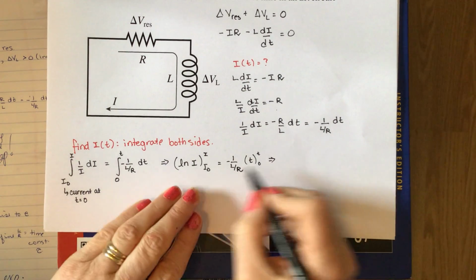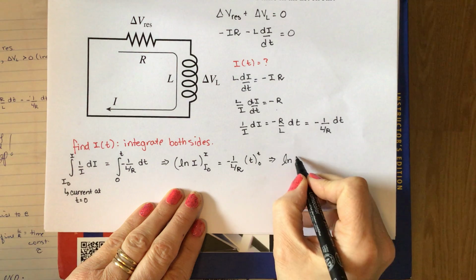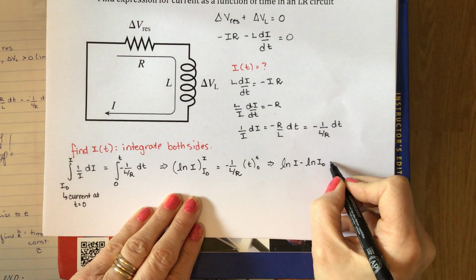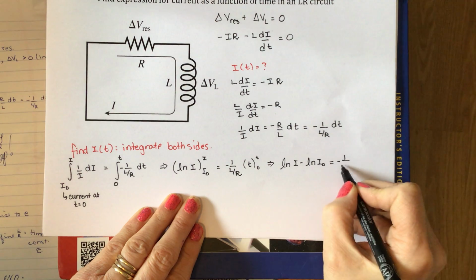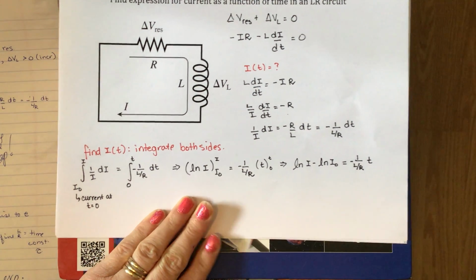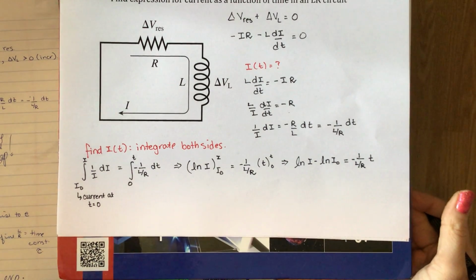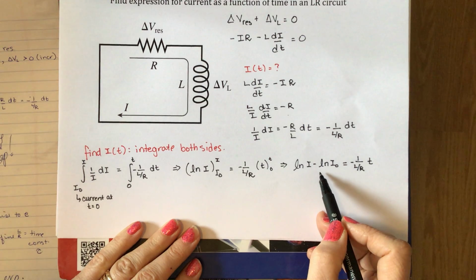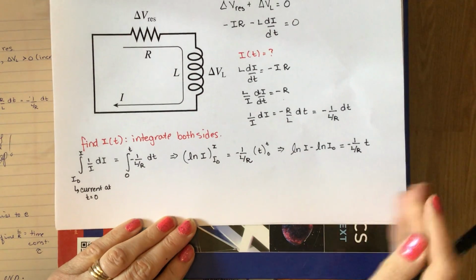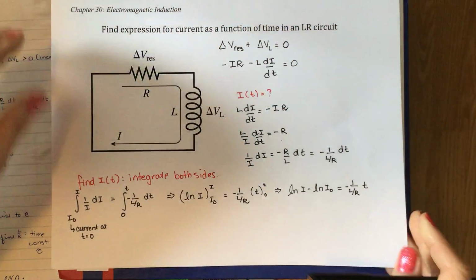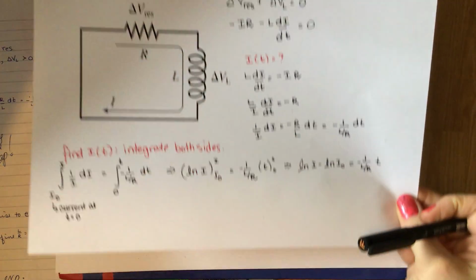So when I put in my limits, I've got the natural log of I minus the natural log of I0 equals minus 1 over L over R times t minus 0, so just t. Okay, this kind of looks nicer now. Natural log of I minus natural log of I0, I can divide those arguments. I think this slide's getting a little bit full, so I'm going to move on to a fresh sheet of paper.